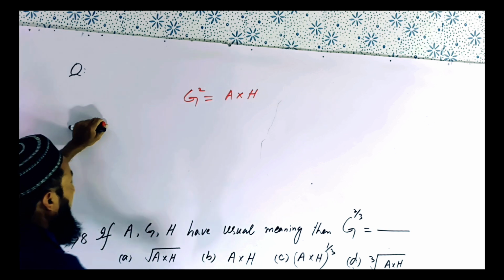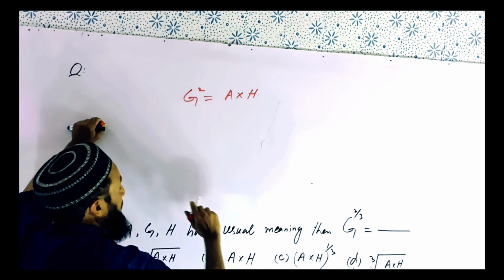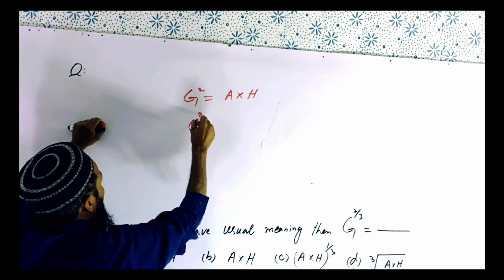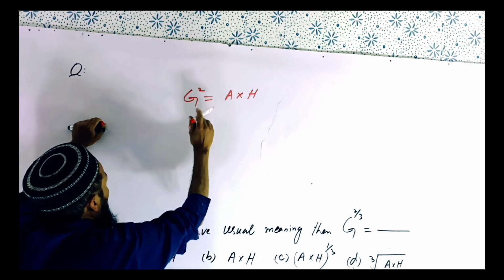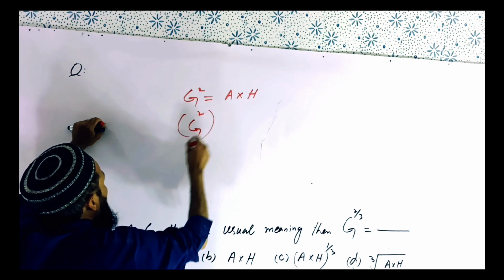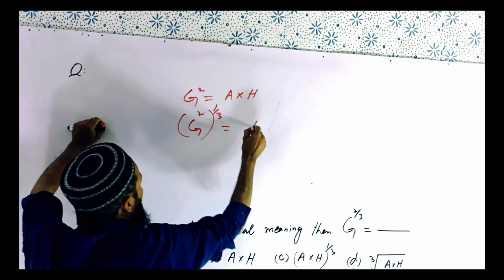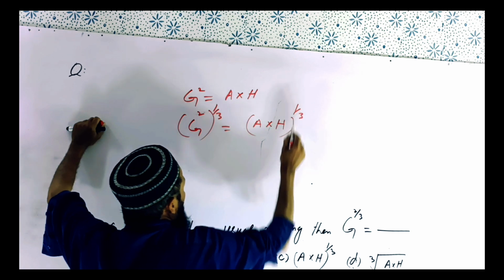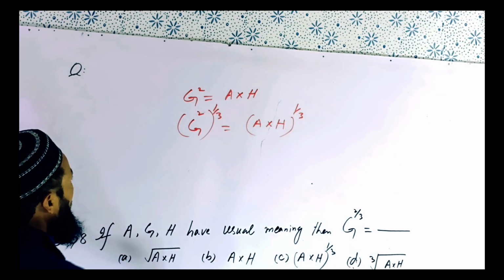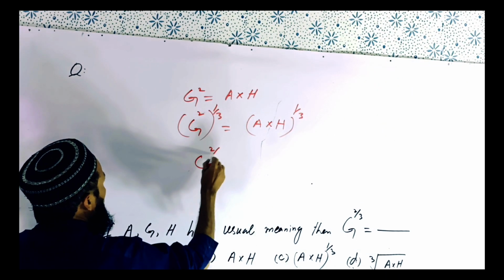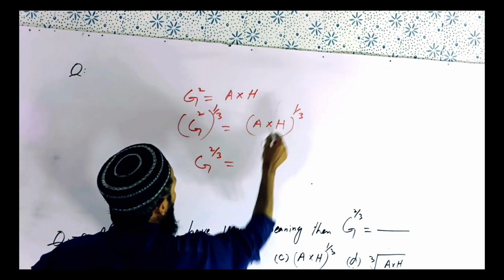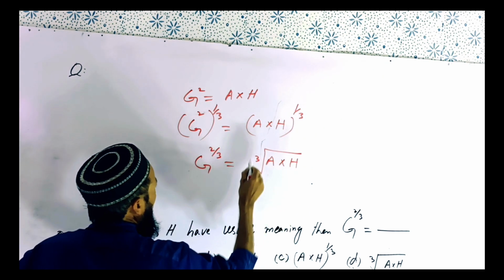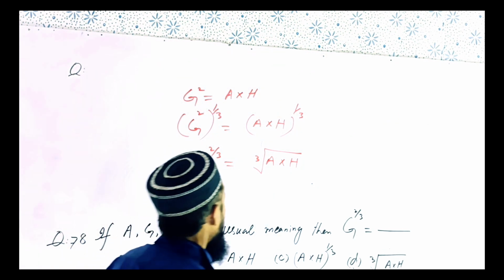So if we are taking here, 2 divided by 3 is required, means that the power 1 by 3 is required for each term of the exponent. So we take here G to the power 2 divided by 3 is equal to, we can write this in index form.